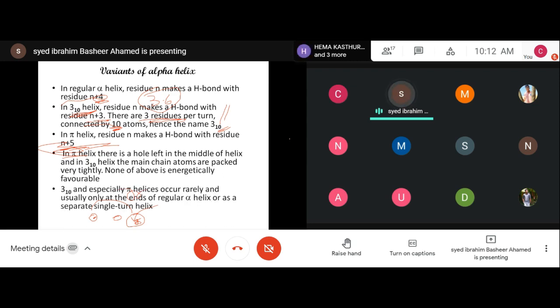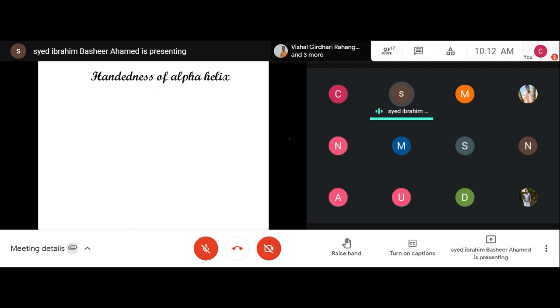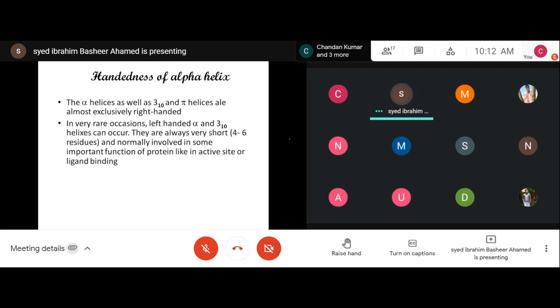The pi helix and the 3-10 helix are not energetically stable. Only the regular alpha helix is a stable structure. Alpha helices as well as 3-10 and pi helices are almost always right-handed. In very rare cases, left-handed alpha helices as well as 3-10 helices can occur.